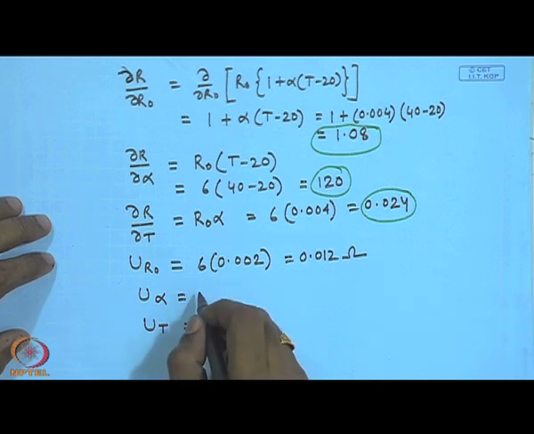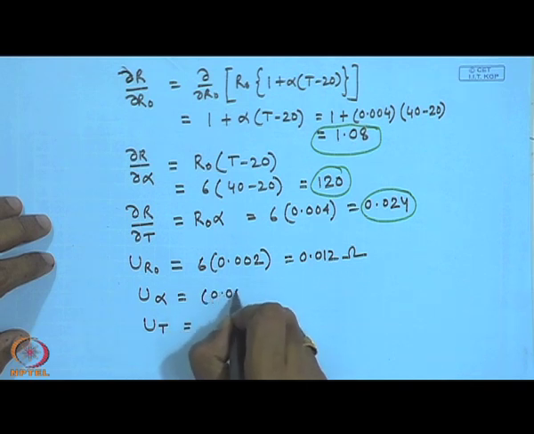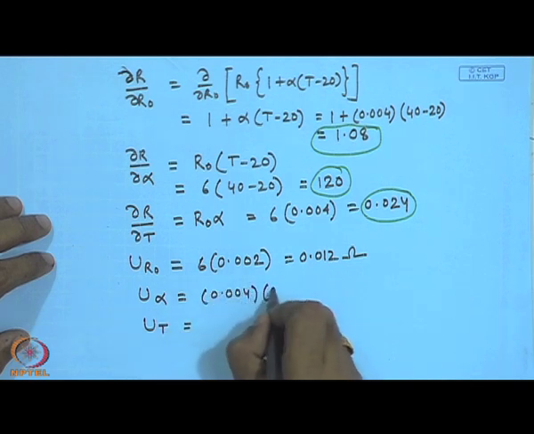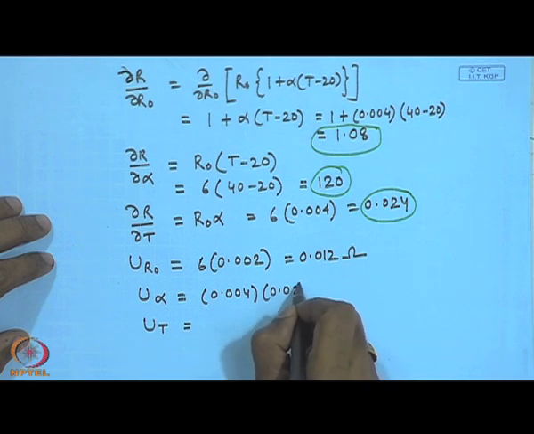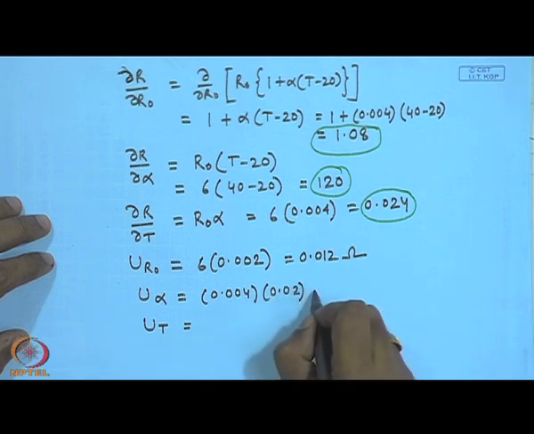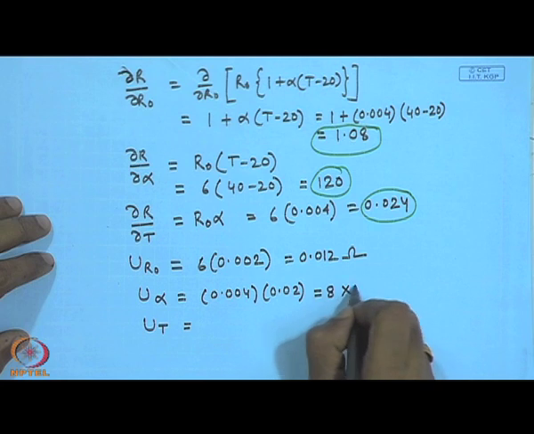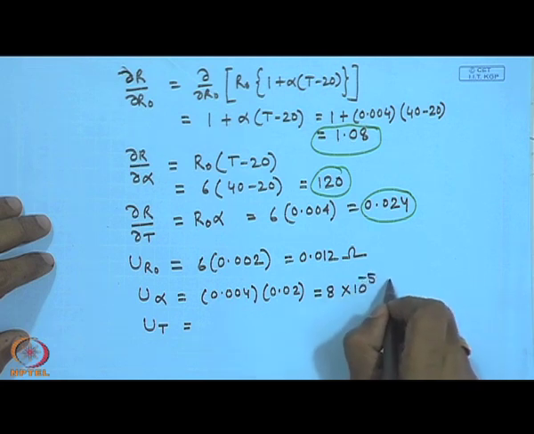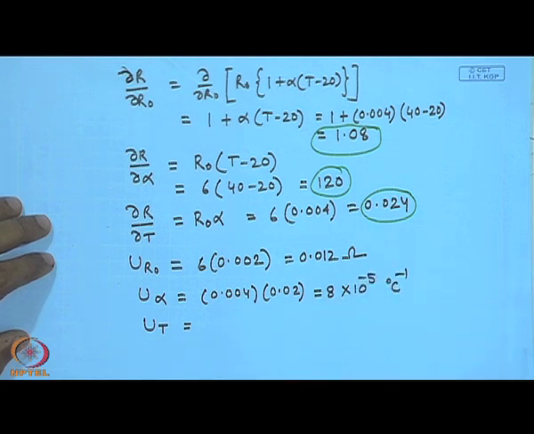U alpha is 2% of 0.004. So, it will be 0.004 into 0.02, which will be 8 into 10 to the power minus 5 per degree Celsius.